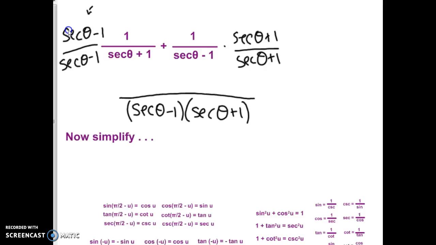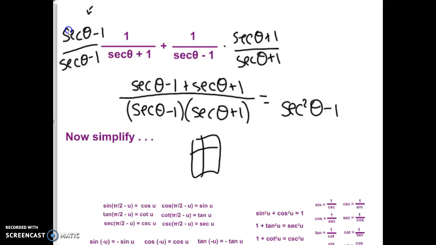And my numerator becomes secant theta minus 1 plus secant theta plus 1. When I multiply my denominators, I get secant squared theta minus 1. You could do an area model if you wanted to see. But these two boxes would cancel out, and I get secant squared here, negative 1 here.